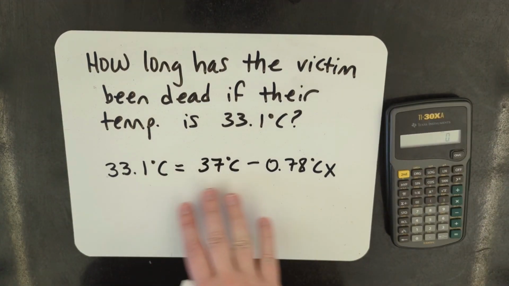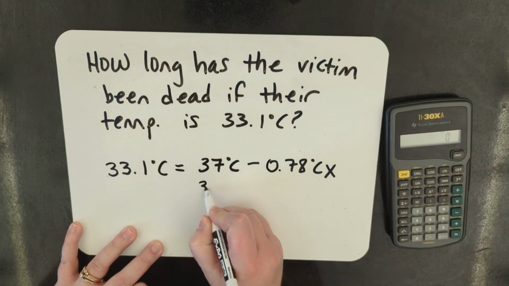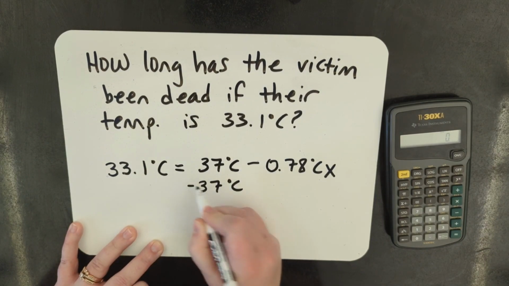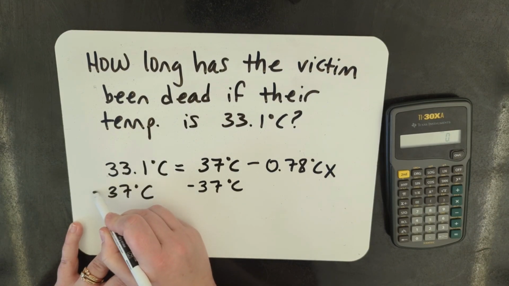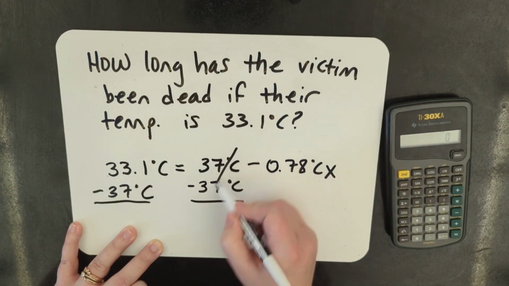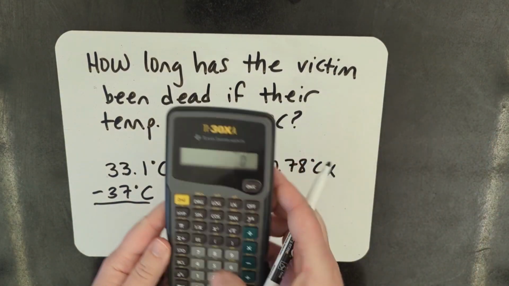To solve this, we need to get x by itself. So we're going to take away the 37 degrees Celsius from both sides. This should cancel out. You can do it in your head or you can use a calculator. I prefer using a calculator.